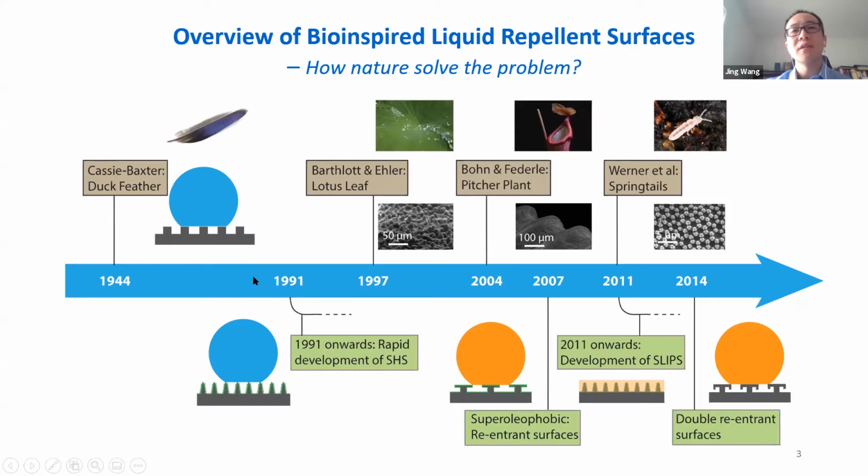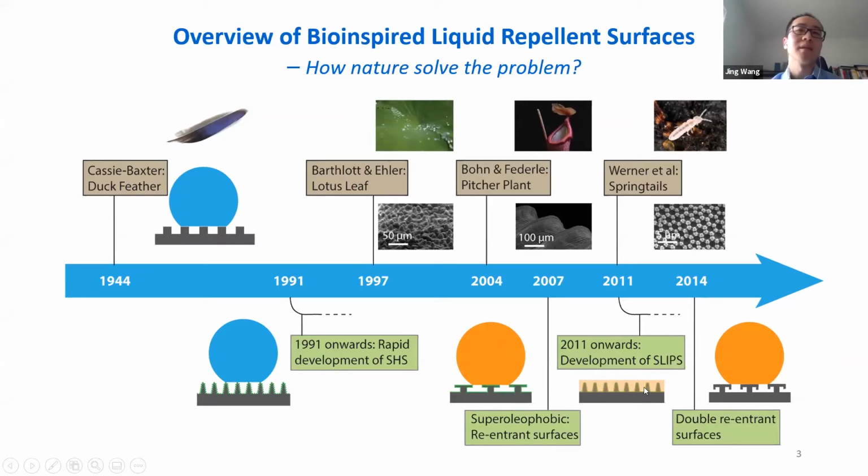And until very recently, about 30 years ago in the 1990s, the superphobic community developed very rapidly, from the Lotus-Leaf effect that has superhydrophobic surfaces, to springtail surfaces that create super oleophobic surfaces with this reentrant or double reentrant structure. And very recently in 2011, people were inspired by pitcher plants that have a slippery rim, which created a different strategy of liquid repellency.